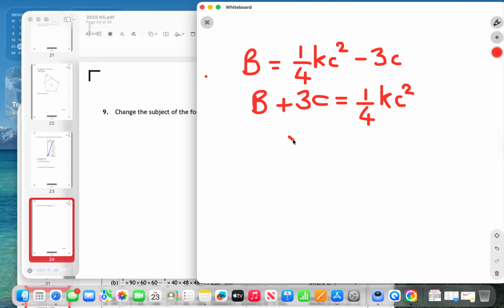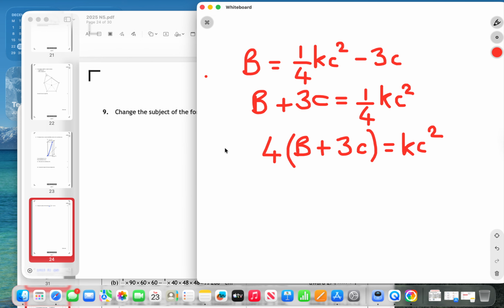So we can multiply both sides by 4. It's the same thing as dividing by a quarter. Equals KC squared.